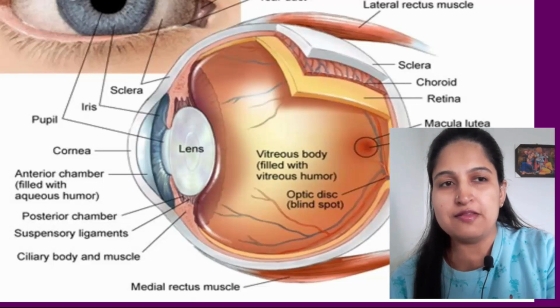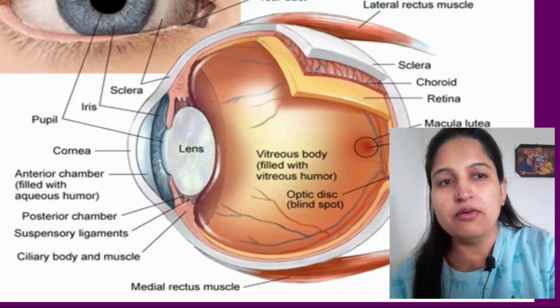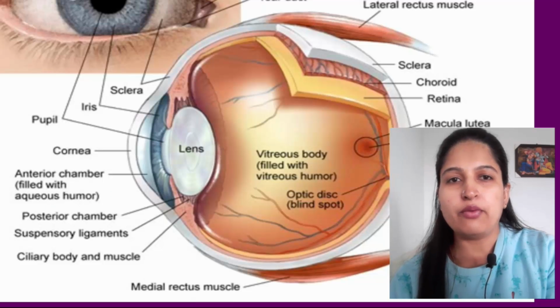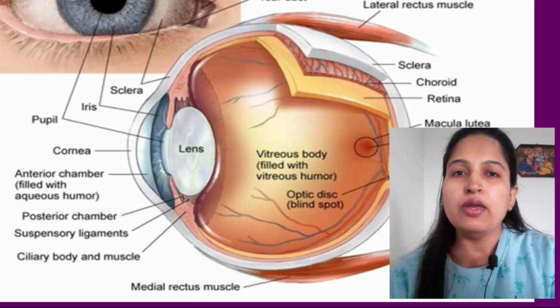Inside the cornea we have a fluid known as aqueous humor. The aqueous humor has two chambers: the front portion is known as the anterior chamber, and here you can see the posterior chamber. The chambers are filled with the fluid known as aqueous humor, which protects our eyes from any kind of wear and tear.